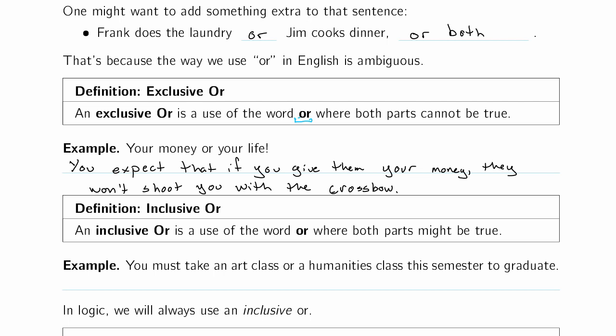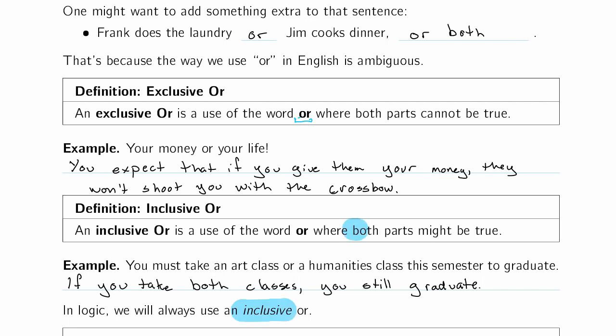Your advisor might say that to you. If your advisor says that to you, and you sign up for an art class and a humanities class, you're still going to get to graduate. In logic, we are always using an inclusive or. So we're always using the kind of or where both parts might be true.